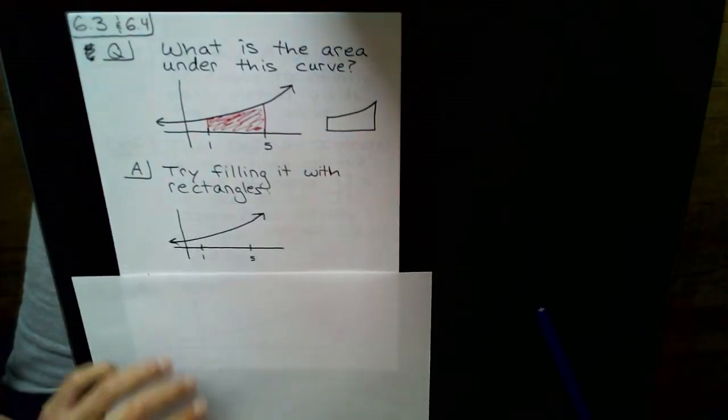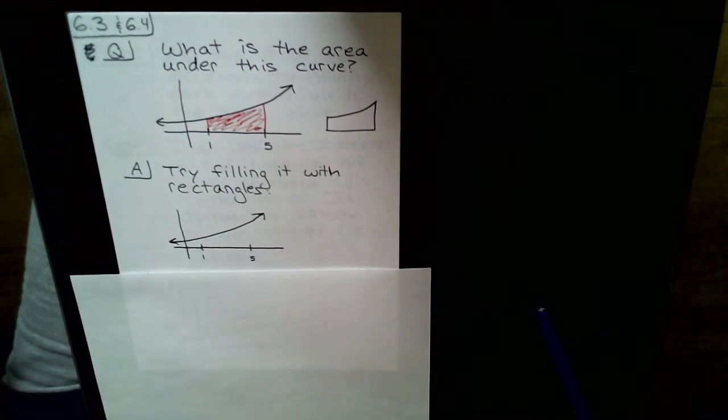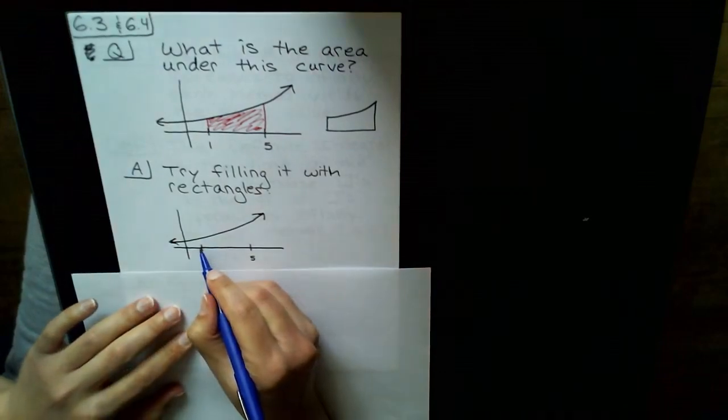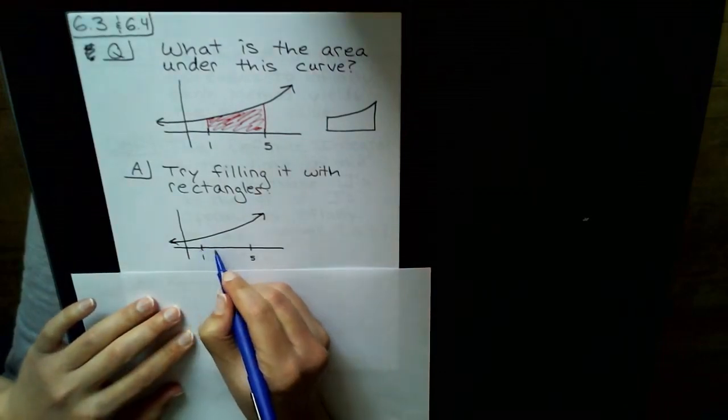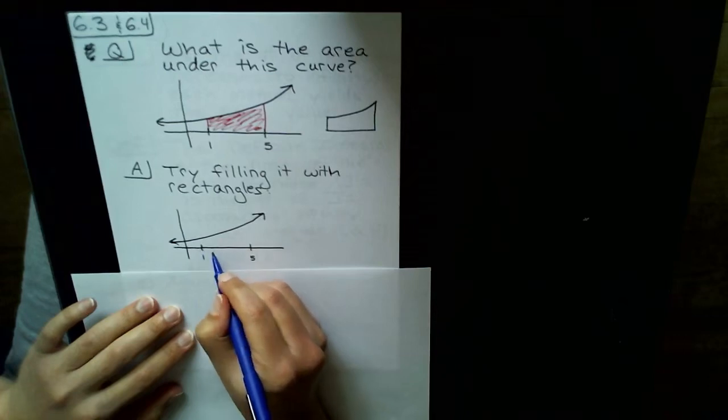What would happen? So if we go to this graph and we say, alright, let's go ahead and just start making a rectangle that's a distance of 1 apart on the x-axis.